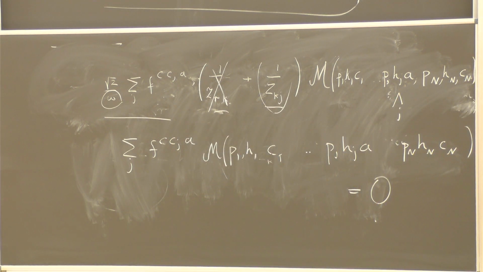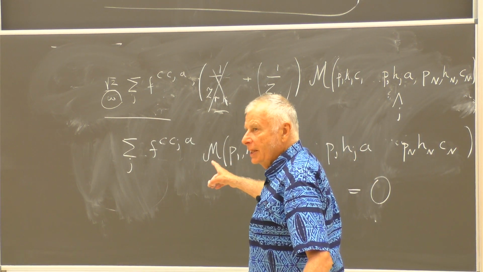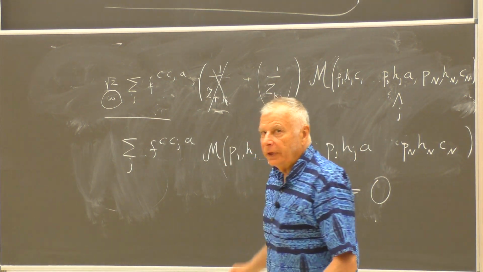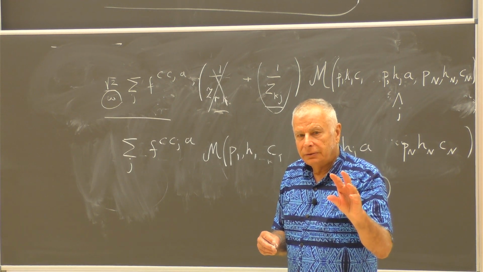This is indeed 0. What is this? It is the global Ward identity of color symmetry.